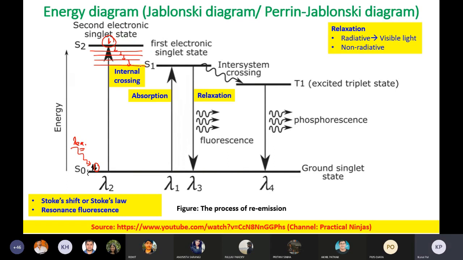At this state, it finds that it has energy equivalent to the first electronic singlet state, and it moves over here. This movement of the electron from the second electronic singlet state to the first electronic singlet state is called internal conversion.